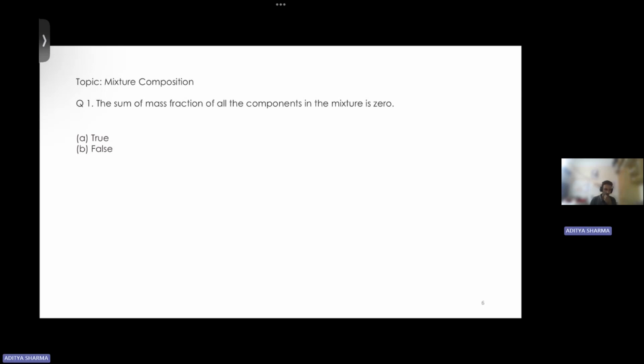So the question is on mixture composition, and it says that the sum of mass fraction of all the components in the mixture is 0.